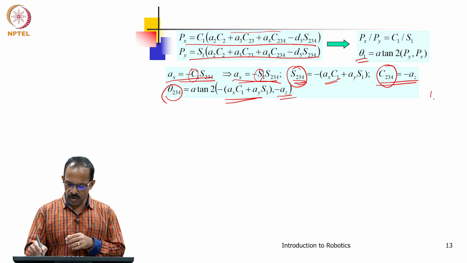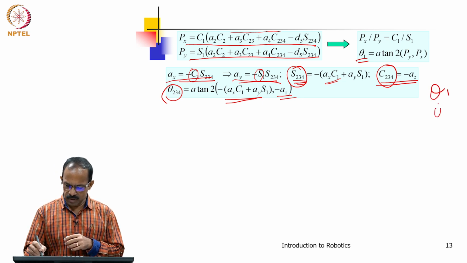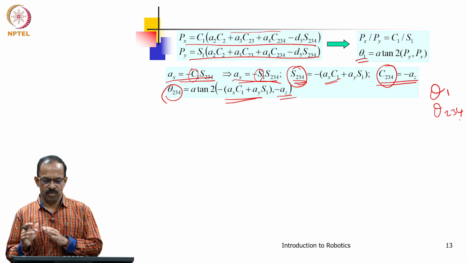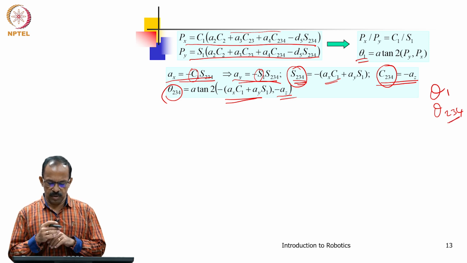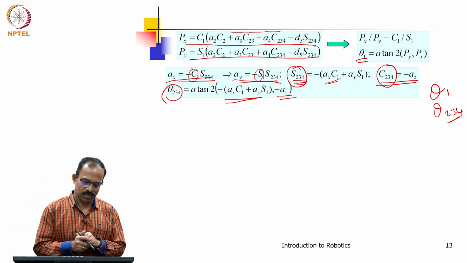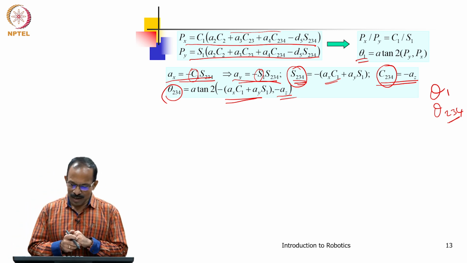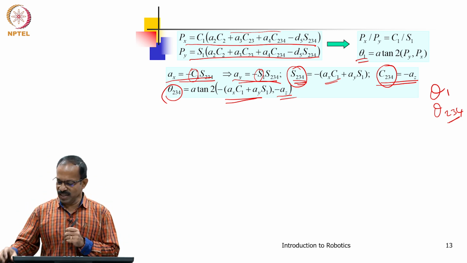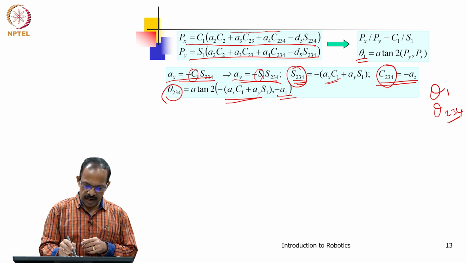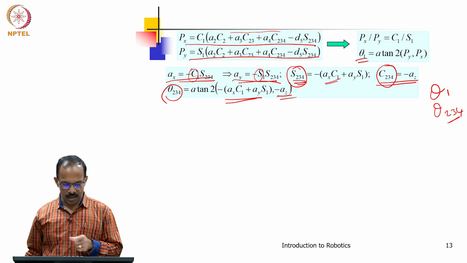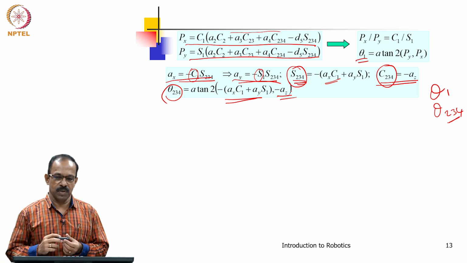So, we have theta 1 and then theta 234. But we do not know theta 2, theta 3 and theta 4 individually, only the total, theta 2 plus 3 plus 4. If you look at the manipulator, the orientation in the plane, that is Ax, Ay and Az, is decided by theta 2 plus 3 plus 4.